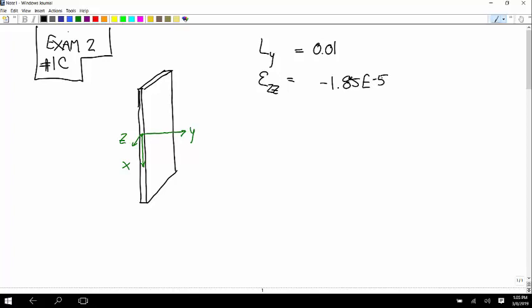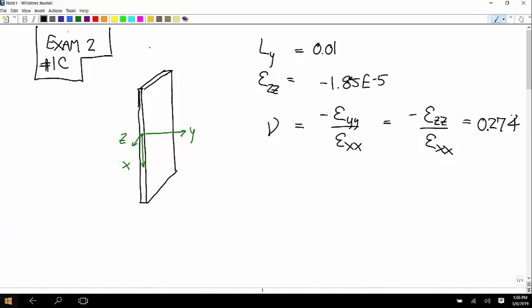And we also calculated that Poisson's ratio is negative EYY over EXX, and it's also equal to negative EZZ over EXX. And this is equal to 0.274.